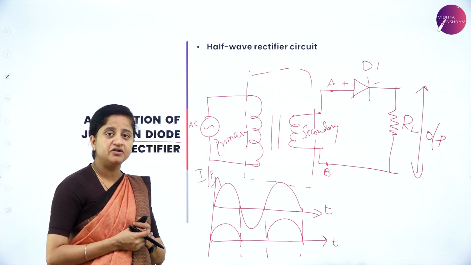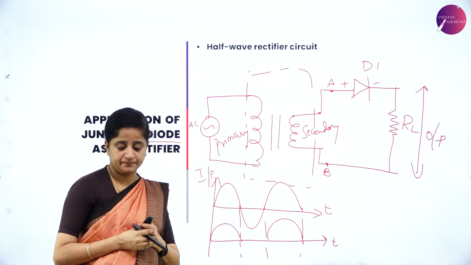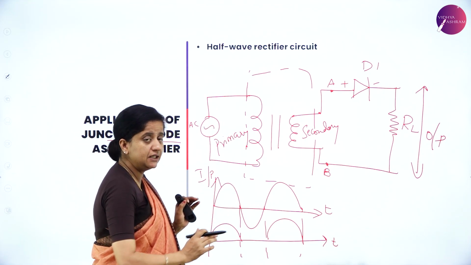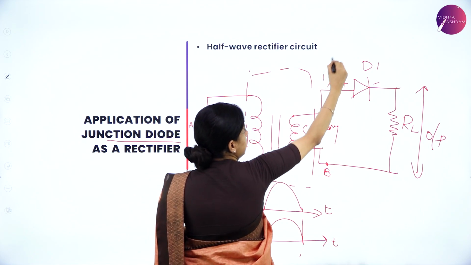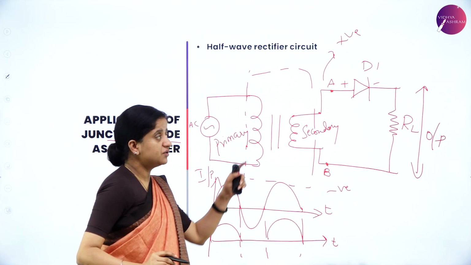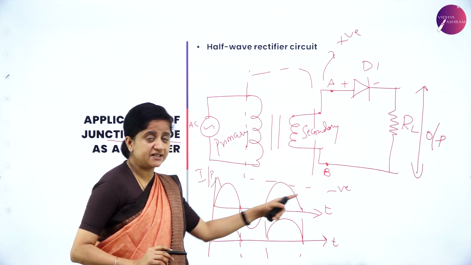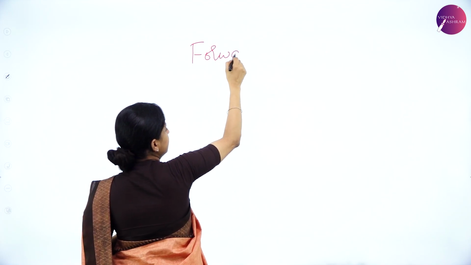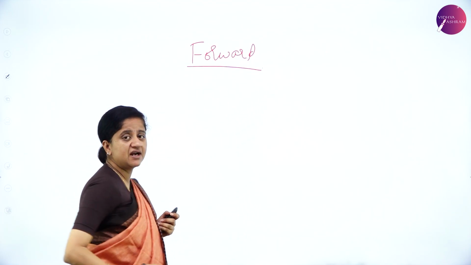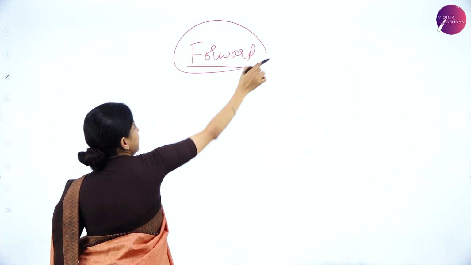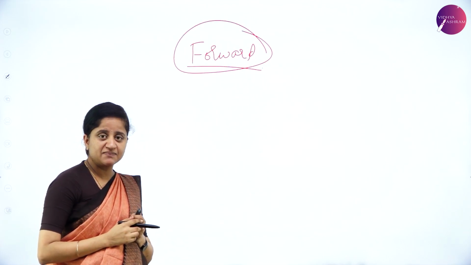Let us now study the working of the half wave rectifier. So what happens during the first half cycle? During one of the half cycles, A acts as positive and B acts as negative. So when A is positive and B is negative, the diode is said to be in forward biased condition. In the last session, we studied that the diode helps in conduction only when it is in forward bias condition, but not in reverse bias condition.